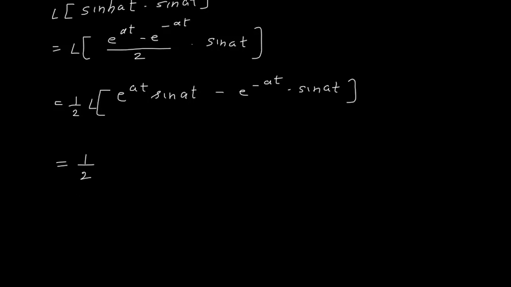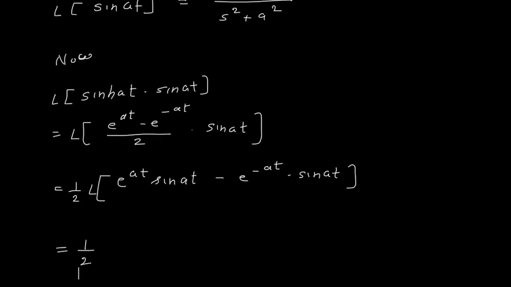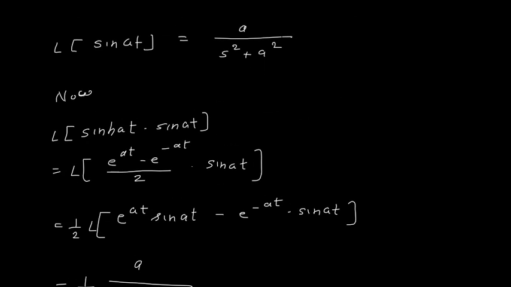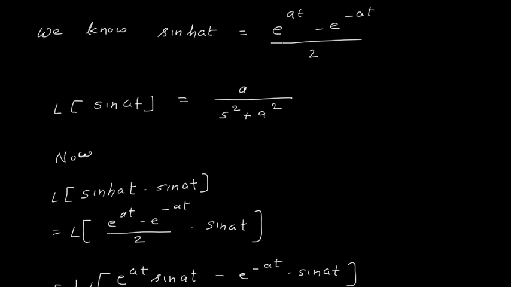we will use the first shifting theorem. Laplace of sin at is a upon s square plus a square. So using that, it is a upon, in place of s I will write s minus a. Now one thing kindly note: when it is e power at multiplied by some function, you have to replace s by s minus a, and when it is e power minus at, you have to replace s by s plus a.